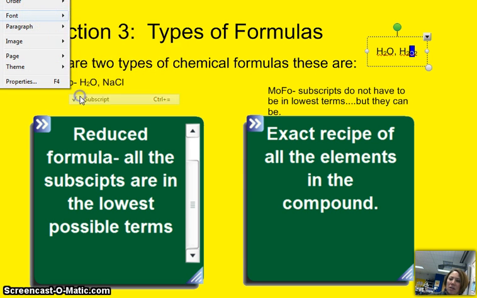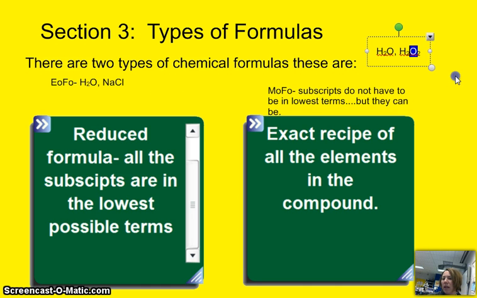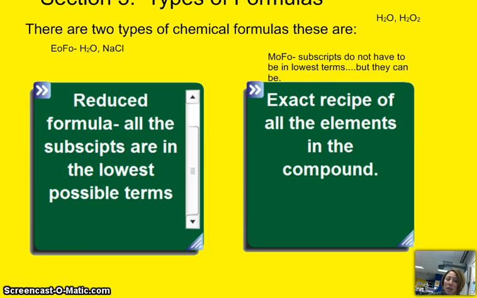Not all the subscripts are in lowest terms there, right? The 2 of hydrogen and the 2 of oxygen are divisible by numbers other than 1. So H2O2 is the molecular formula for hydrogen peroxide. If we wanted to write the empirical formula for hydrogen peroxide, it would just be HO, the reduced version.